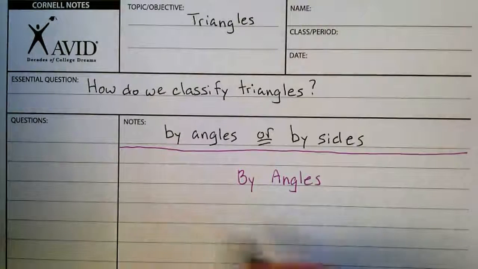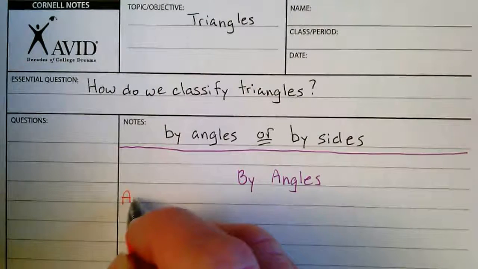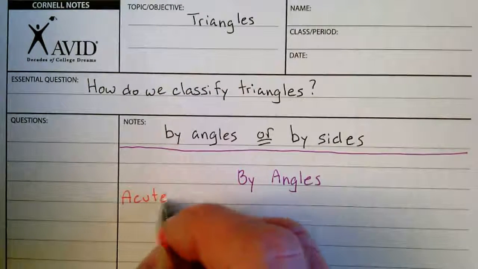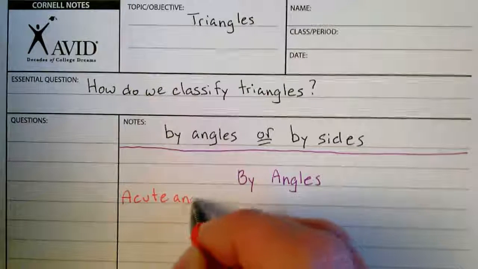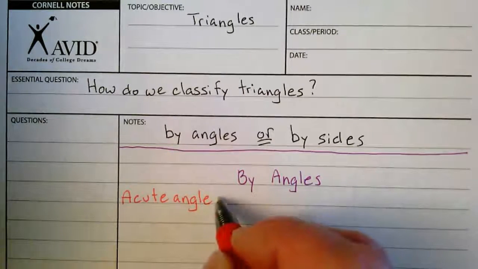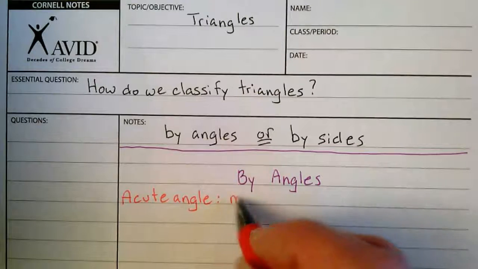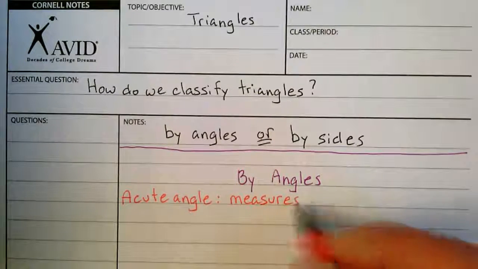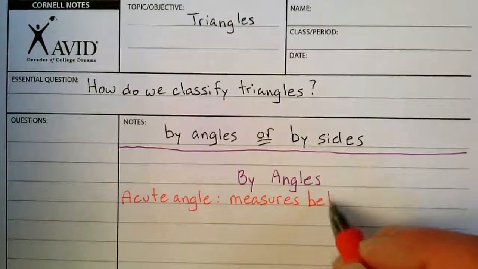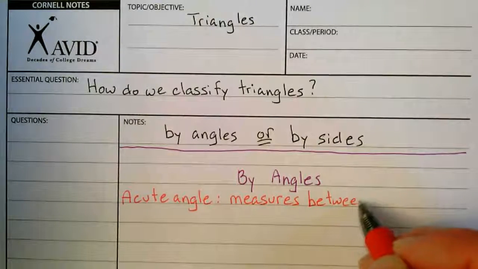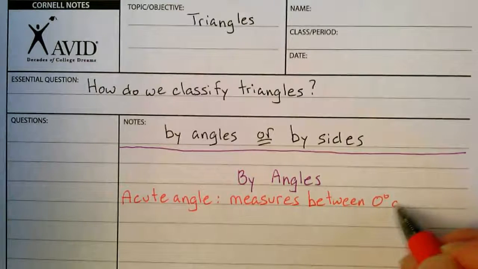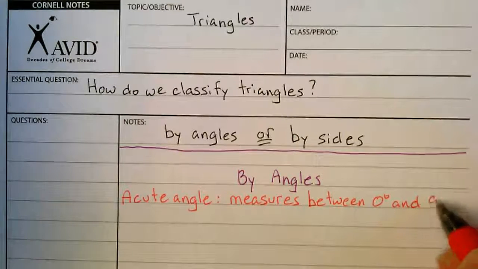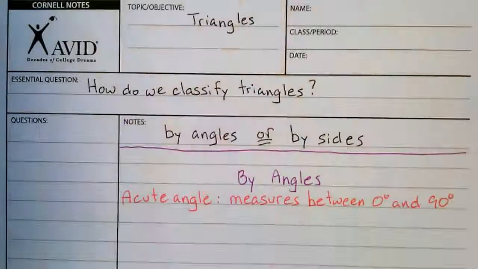One is our different types of angles. We have an acute angle, which is an angle that measures between 0 and 90 degrees.